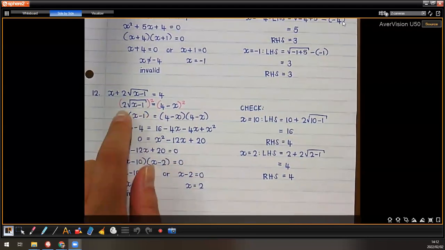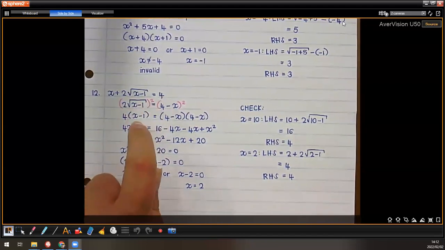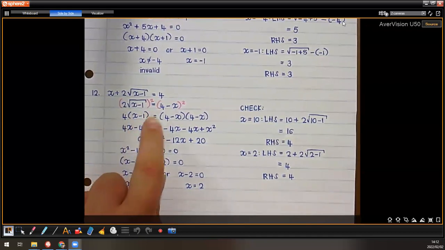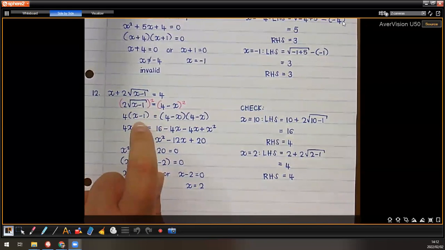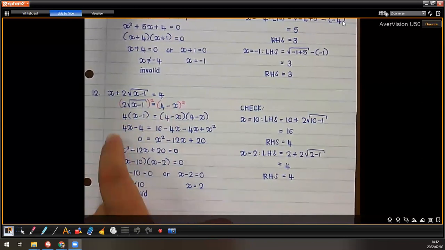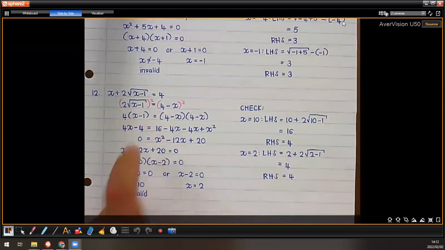What's going to happen there is you're going to have 2 squared, which is 4. And then the x minus 1 under the square root, squared, which is then just x minus 1. But you must remember to put that in a bracket. So that's important, guys. Please remember to actually square that 2 and the surd. Just check that you have a 4 and then that bracket.